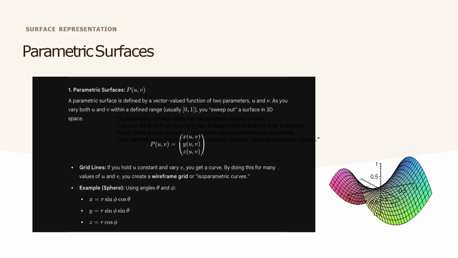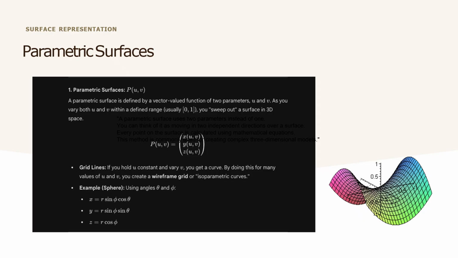For example, we can see grid lines here. If you hold u constant and vary v, you get a curve. By doing this for many values of u and v, you create a wireframe grid of isoparametric curves. The examples are also given here using angles theta and phi.